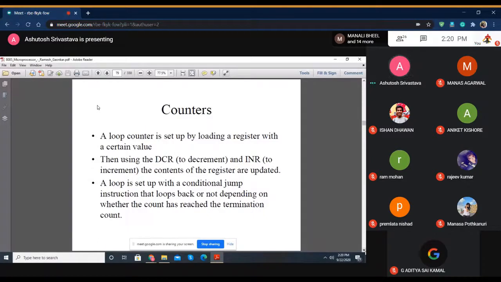A loop is set with a conditional jump instruction that loops until the count condition has been reached.